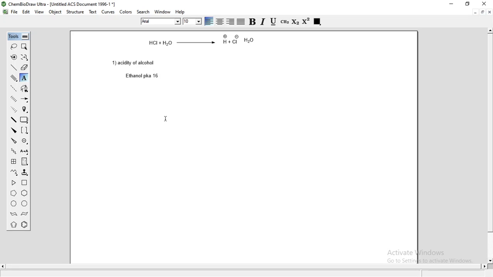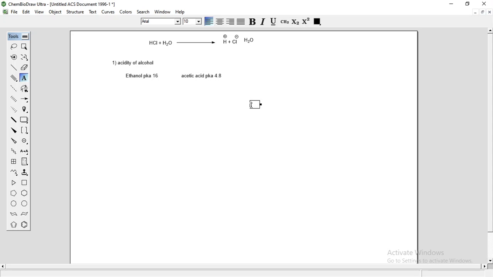16. So this ethanol is a weak acid as compared to acetic acid, because acetic acid has pKa 4.8. The molecule having lesser pKa will be more acidic. We have also compared the acidity of ethane and acetylene, where acetylene has pKa 25.